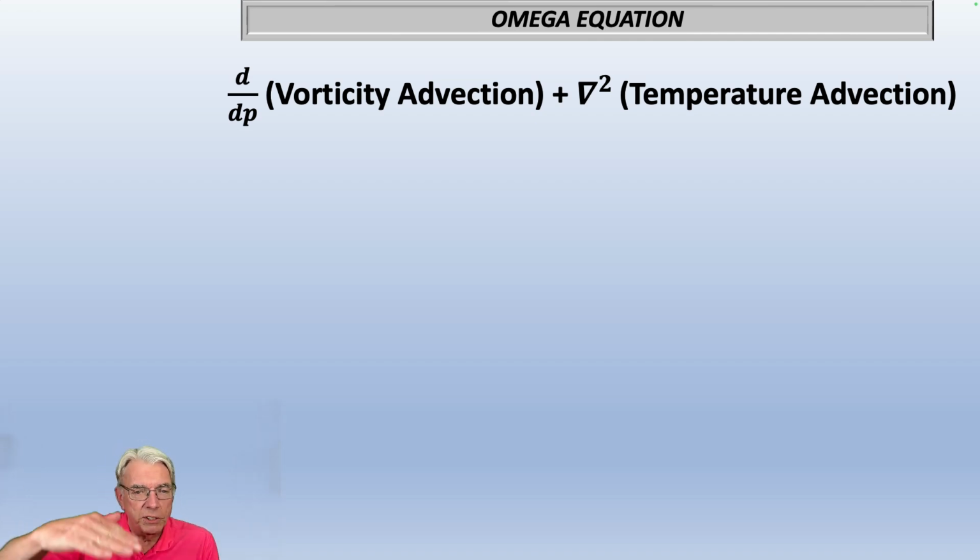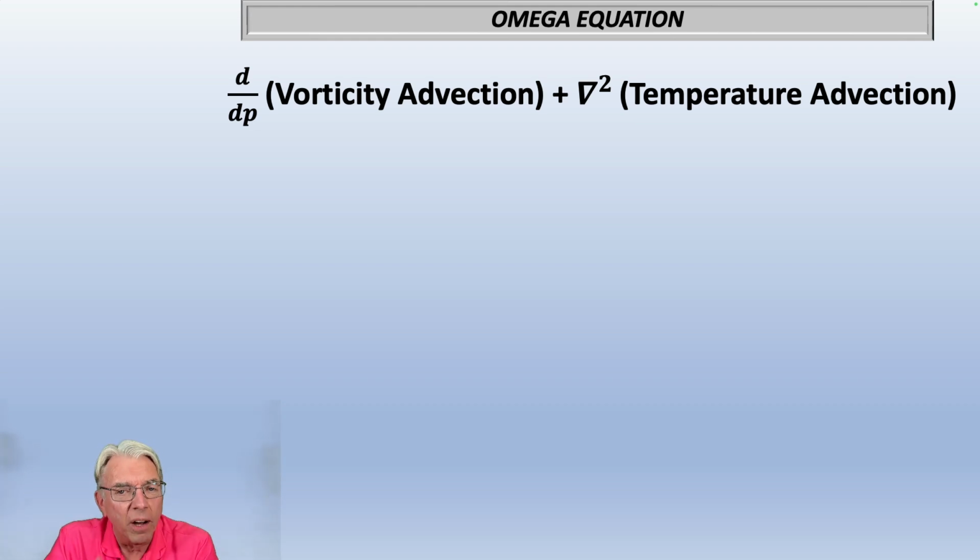Now we all know that pressure changes as you go up in the atmosphere, of vorticity advection, and we'll talk about that in just a second. So it isn't just the vorticity advection itself, it's how the vorticity advection is increasing or decreasing with height as you go up through the atmosphere, okay?